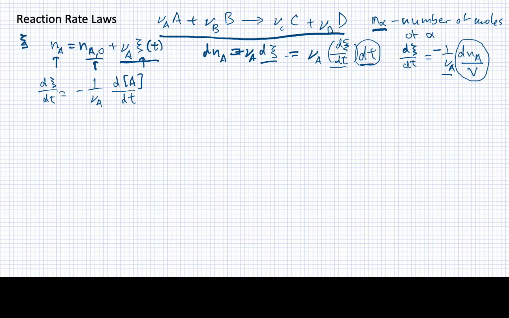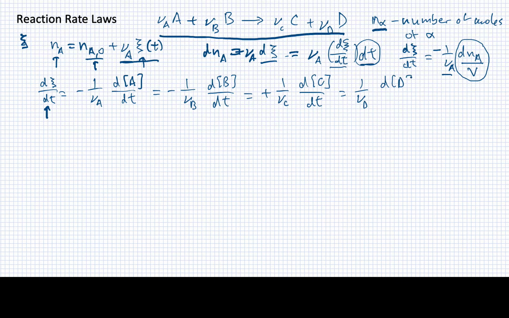I'll remind you, though, that we could do this for each of the components of this reaction. So, in fact, this is also going to be equal to minus 1 over ν_B times the time derivative of the concentration of B. On the product side, I could also write this as 1 over ν_C times the derivative of C with respect to time, and D.